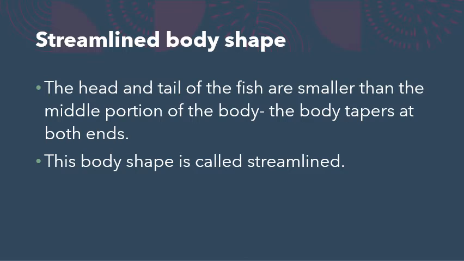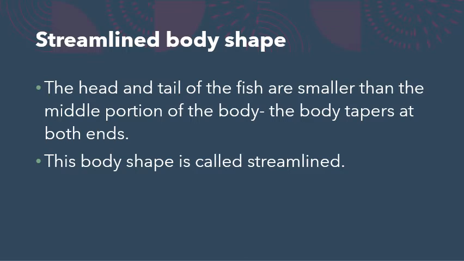This body shape is called streamlined body shape. Streamlined. Okay. The body of the fish is streamlined, which helps them in the movement in the water. Okay, so the shape is such that the water can flow around it easily and allow the fish to move in the water.